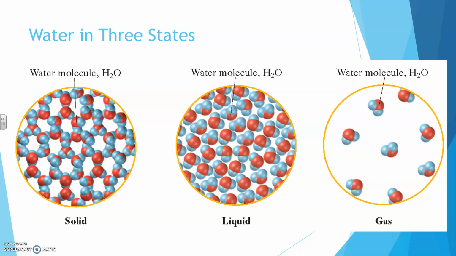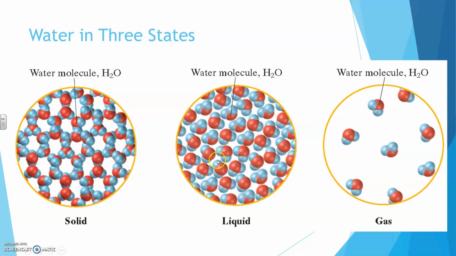So what makes something a solid, a liquid, or a gas is the amount in which the molecules involved can move around. In a solid, no matter if the solid is denser than the liquid or not, and in this case it's not, these molecules are held in place. They can't move around a whole lot.